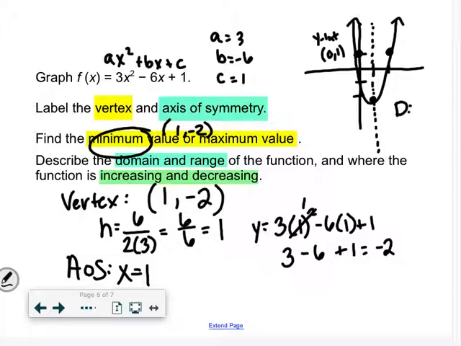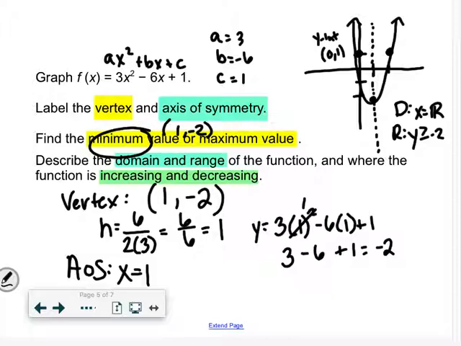What's our domain? x equals all real numbers. What's our range? y values that are greater than or equal to -2. So remember what TJ said, -2 was the minimum value.